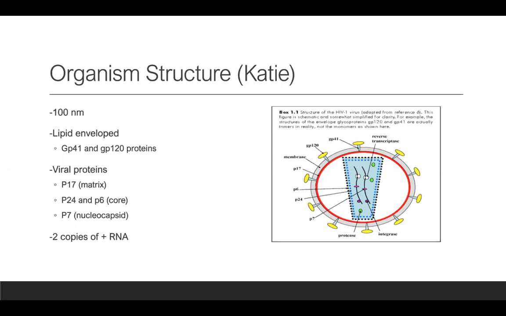Within the viral core lie two copies of the positive sense viral RNA genome, i.e. it has a diploid RNA genome, together with protease, integrase, and reverse transcriptase enzymes. These three enzymes are encoded by the viral POL gene.